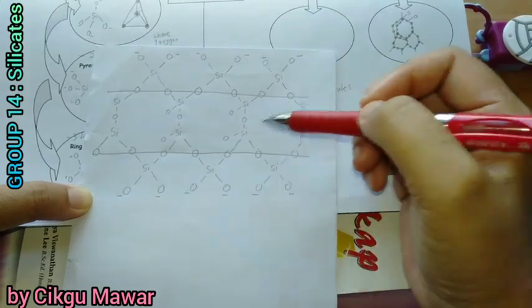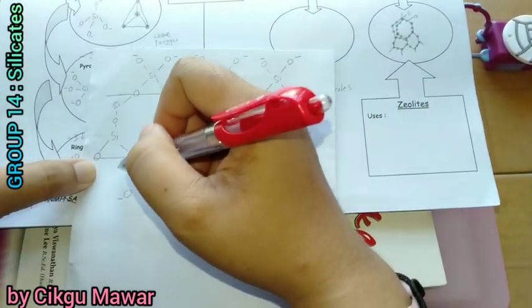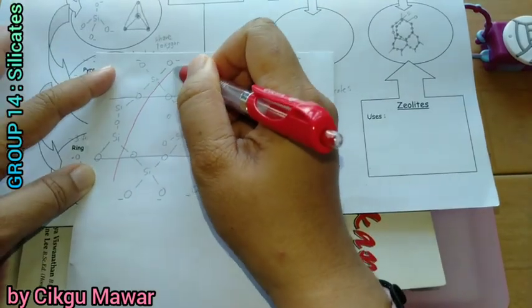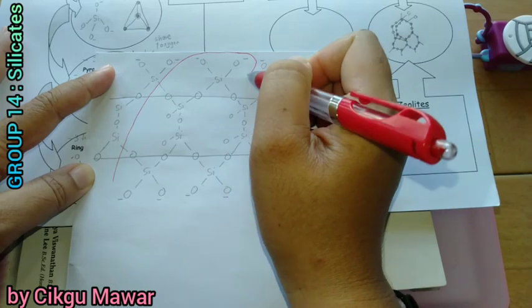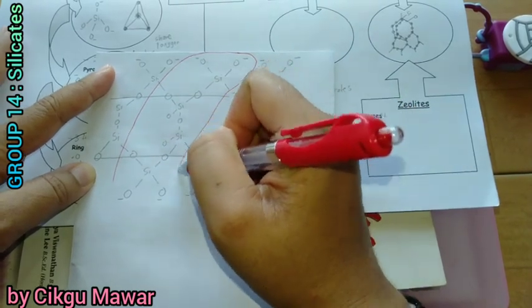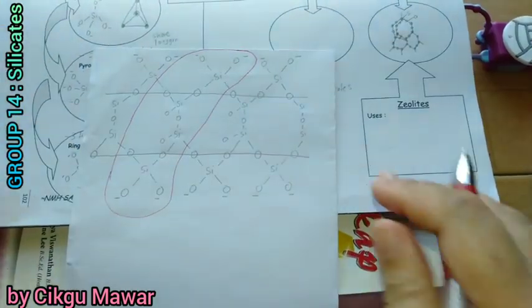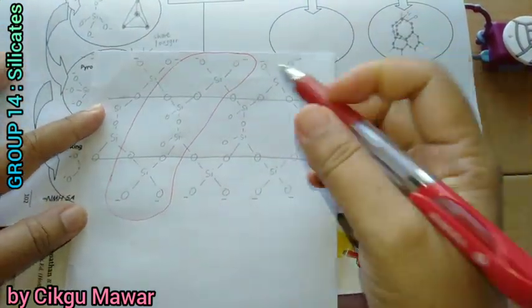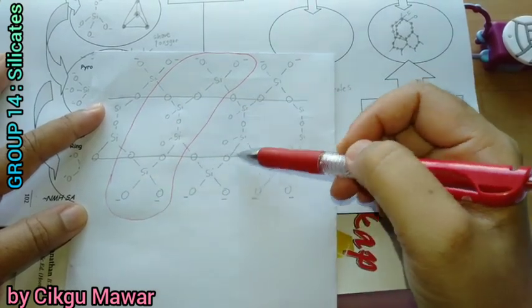So let's circle it. I will circle the repeating unit here. This is the sharing one, so I break at the sharing oxygen. So now we have this is the repeating unit of amphibole, followed by this, and so on.